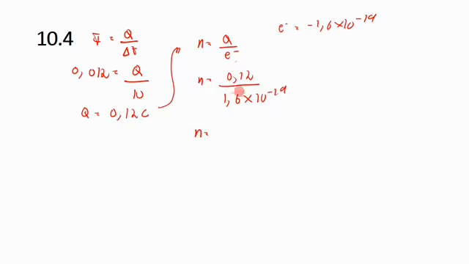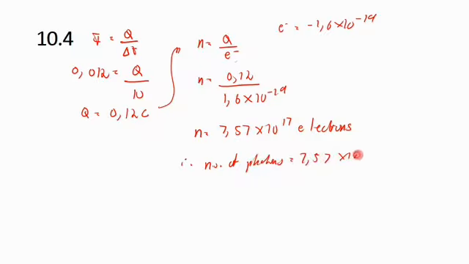Then it's 0.12 over 1.6 times 10 to the exponent of negative 19, which gives us 7.57 times 10 to the exponent of 17 electrons, right? That means the number of photons is also equal to 7.57 times 10 to the exponent of 17. Because what are these photons we are talking about? These are the electrons, the charged electrons, right?